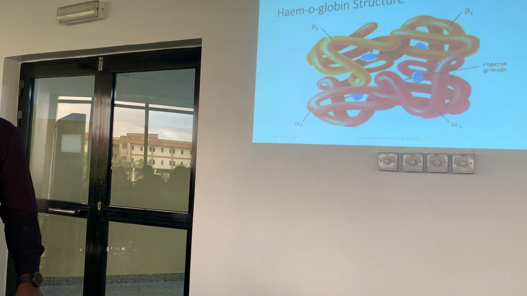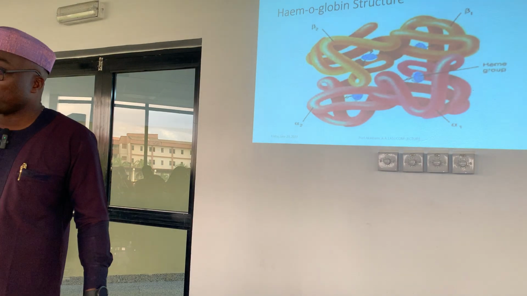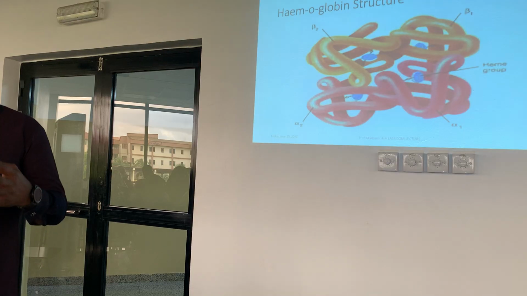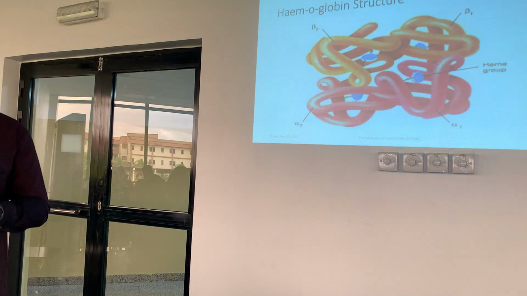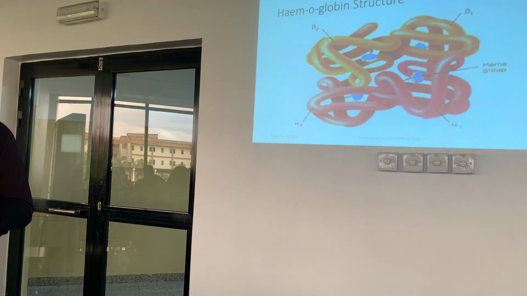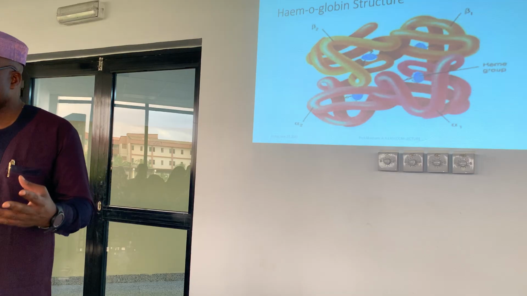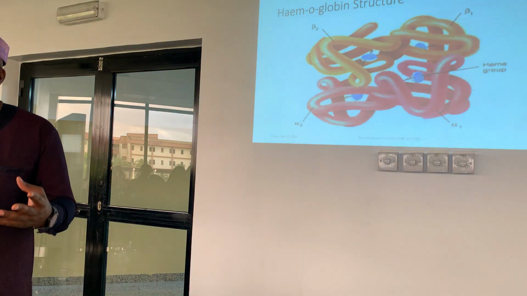And like I've said, you have close to 640 million molecules in every red cell. So if you now multiply that by the number of red cells you have, you can imagine how many molecules of hemoglobin. So if you don't have an adequate number of red cells, what is that called? Anemia.